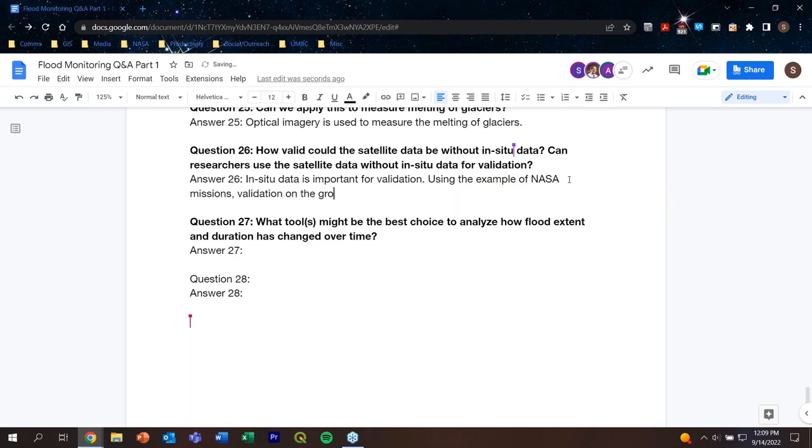In that case, what you can do is take the difference between satellite derived products, and that change may be more meaningful than just the actual parameter that you get from satellite.